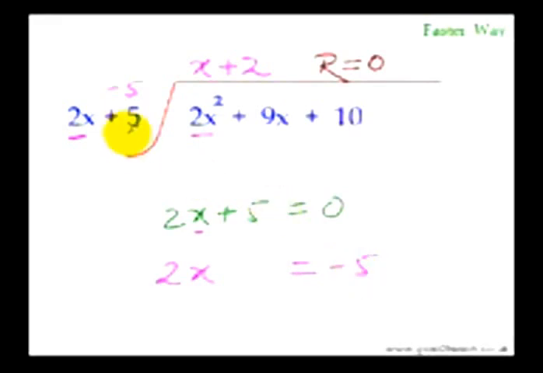So now you know why we change the sign of this constant term and put it here. See? Similarly, we can take this 2 to the other side as well. But since this 2 is being multiplied with this x, when it goes to the other side, it will go in the denominator.